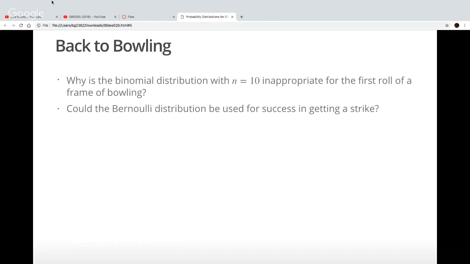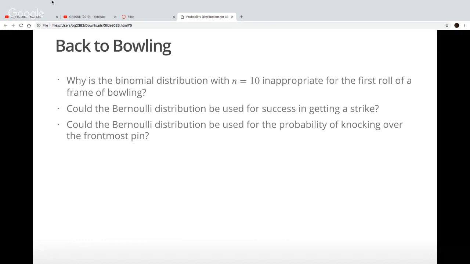And then, yeah, maybe you might have to make the success probability a function of like the ability of a bowler or something like that, but you could do something along those lines. Could the Bernoulli distribution be used for the probability of knocking down the frontmost pin? Why? Same reason, except now the event is just a particular pin. Right? Could knock it down, not knock it down.